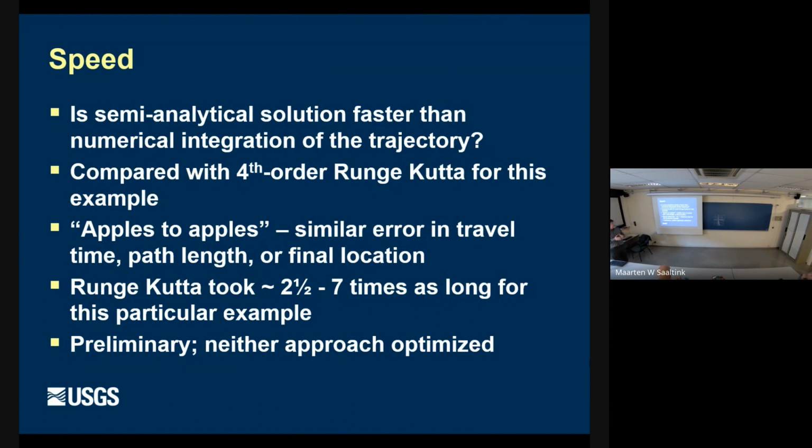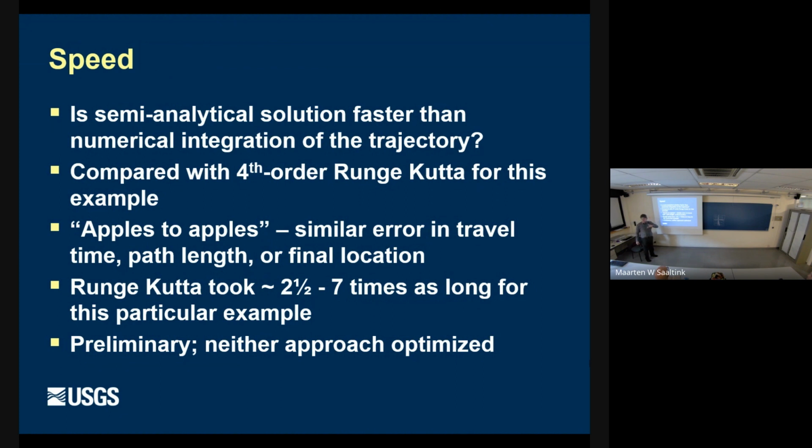So how efficient is this method? The semi-analytical solution I just described, how does it compare with, say, integrating numerically? Because you can just integrate this numerically and avoid all that nonsense. So I compared it with a 4th order Runge-Kutta, just for this example. And as we say, we like to compare apples to apples, right?